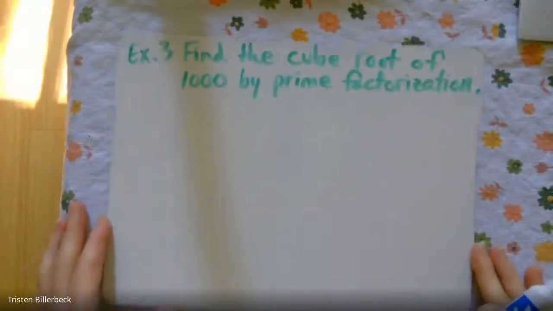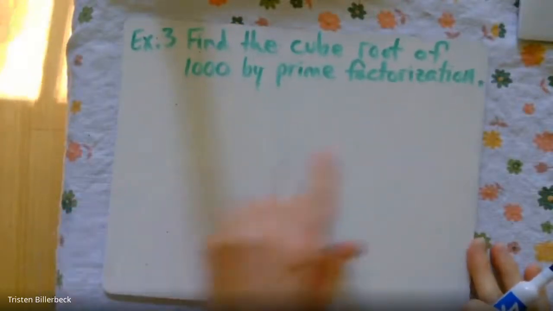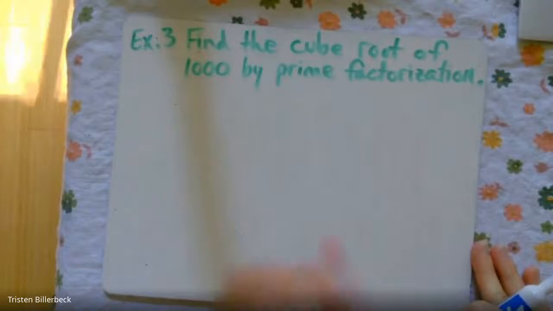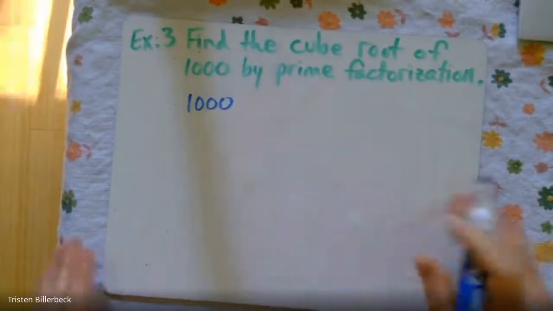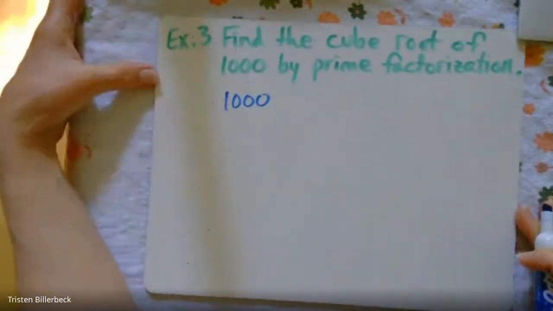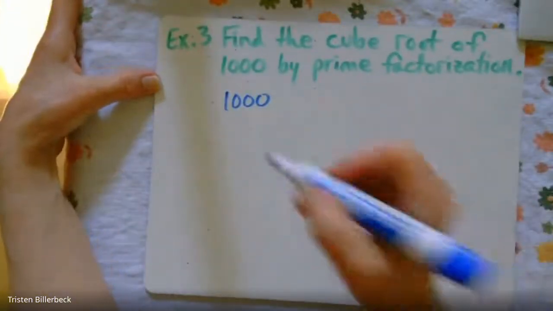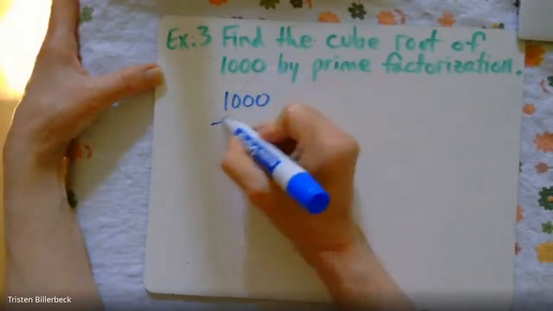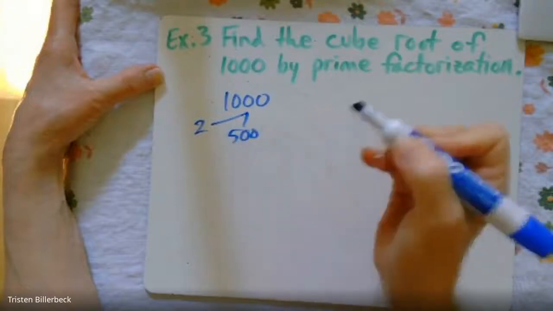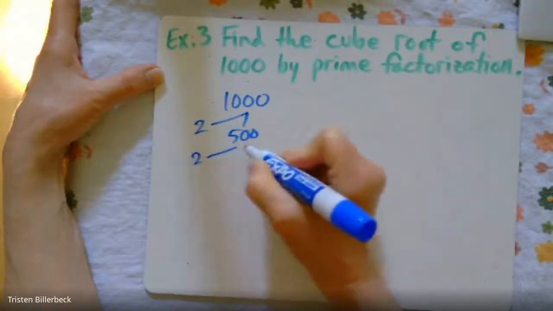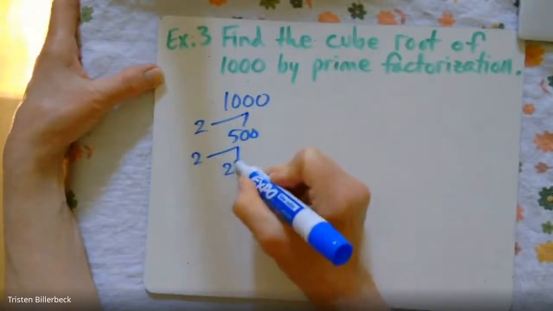All right, so now we want to find the cube root of 1,000 by prime factorization. So let's take 1,000. Well, we know that it's even, so we can take a 2 out, and that gives us 500. That's still even, so we can take another 2 out, and that gives us 250.